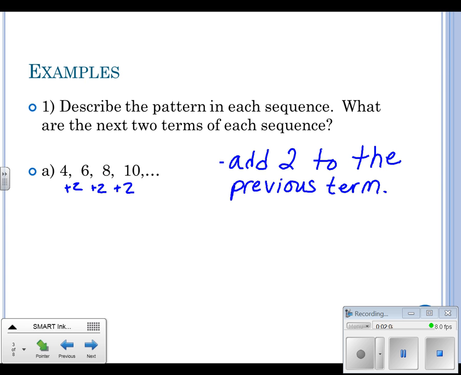Or you could say number, but we call these terms. Each number is a term. And so that means if we're adding 2 constantly here, we would be at 12 and then at 14 for the next 2 terms. And we know that goes on forever.